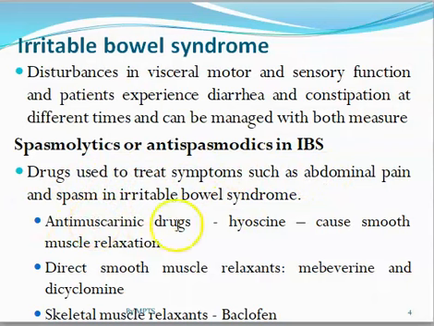The antimuscarinic drugs such as hyoscine can cause smooth muscle relaxation. Direct smooth muscle relaxants include mebeverine and dicyclomine, and sometimes we also have skeletal muscle relaxants. These ones are specifically for skeletal muscles, such as baclofen and others.